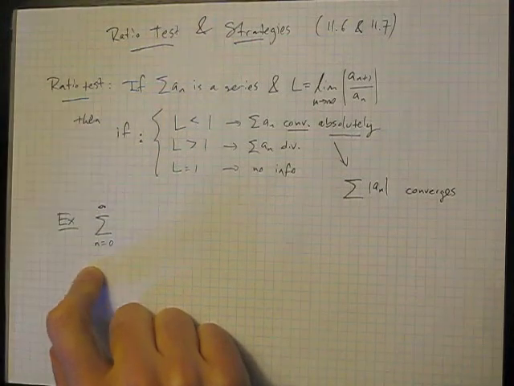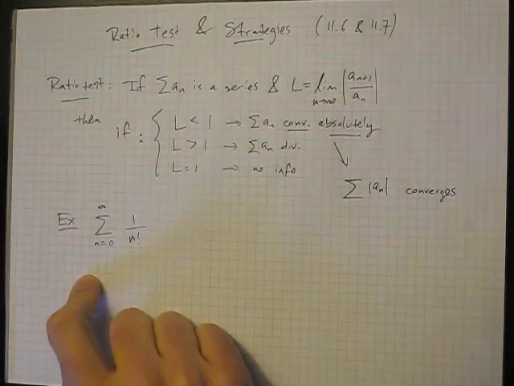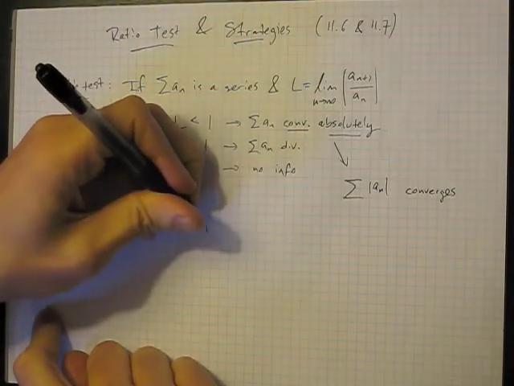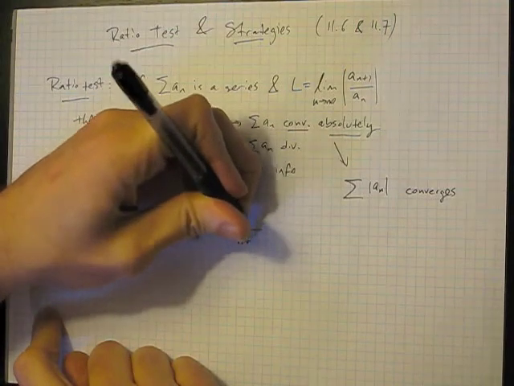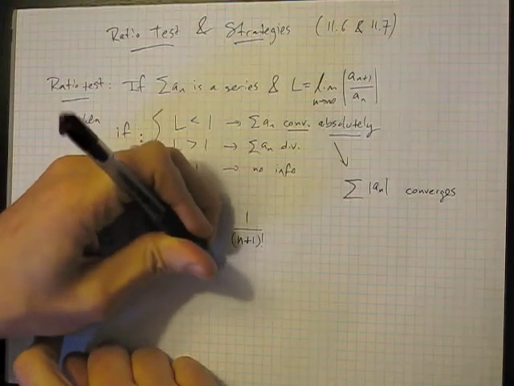So starting at n equals 0, we'll do 1 over n factorial. So here, the a_(n+1) term is just 1 over (n+1) factorial, and the a_n term is 1 over n factorial.